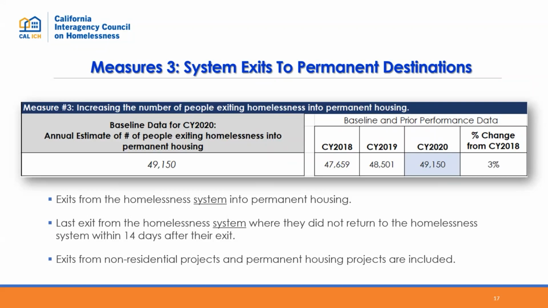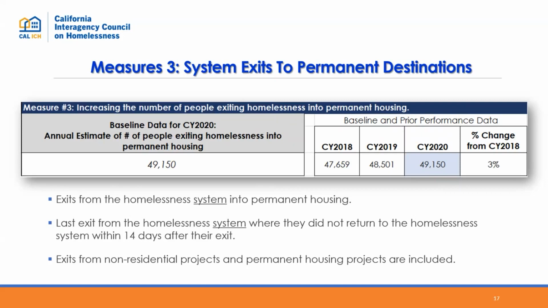In the HUD SPM, if a person is active in a homelessness system project in HMIS on the last day of the reporting year, any earlier project exit they had would not count in the exits measure. For example, a person exited an emergency shelter to a permanent destination in January 2020. They later enrolled in another emergency shelter in June 2020 and were still enrolled in shelter on the last day of the year.